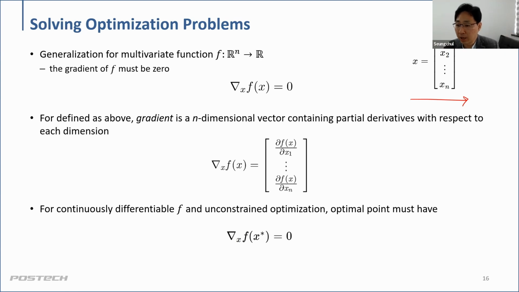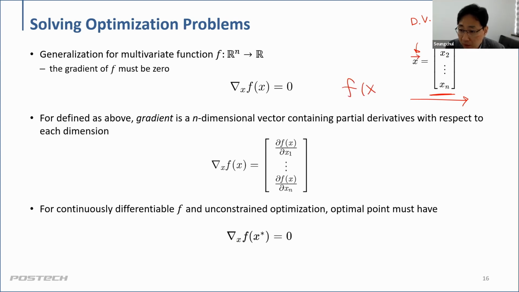And I like to have them in a column vector form. These are the decision variables. Instead of having one, now we have n decision variables.